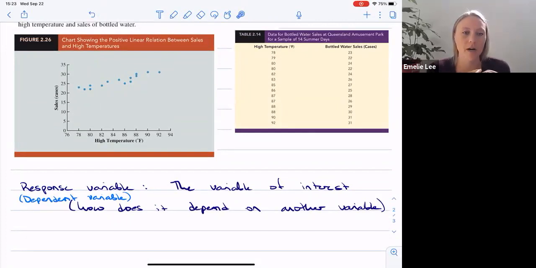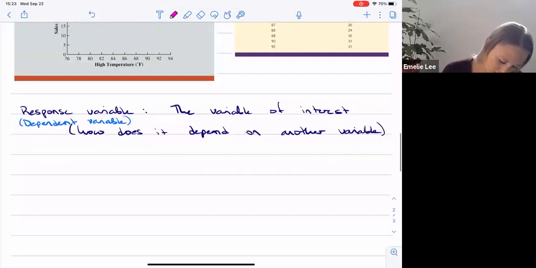If you're coming from a biology field, they like dependent, independent. I like response and explanatory, and I'll show you why. But they mean the same thing. The dependent variable is helpful because it nudges us in the direction of how it depends on another variable. And the response variable or the dependent variable is always mapped on the y-axis.